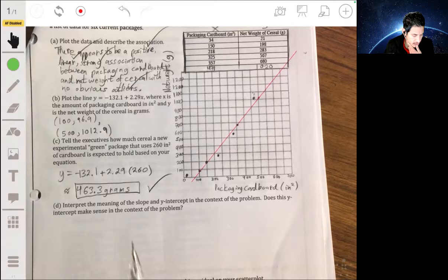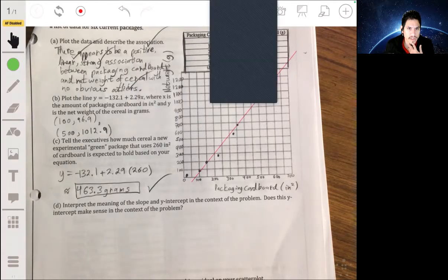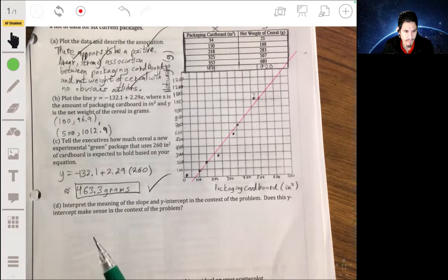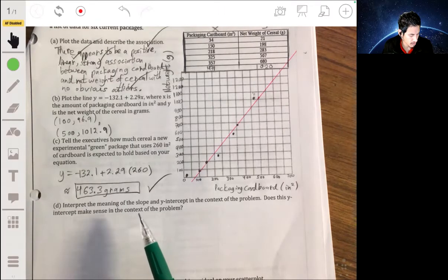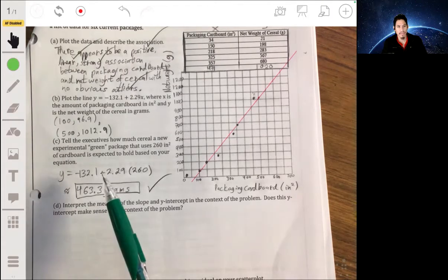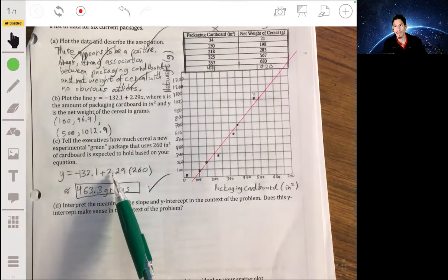All right, now part D, interpret the meaning of the slope and the y-intercept in the context of the problem. Does this y-intercept make sense in the context of the problem? Okay, so the slope is this 2.29.